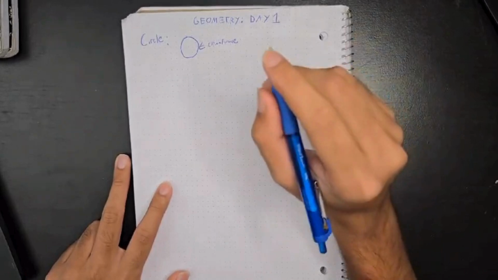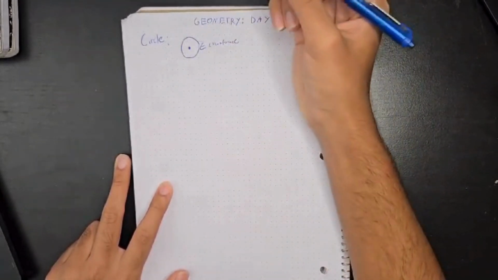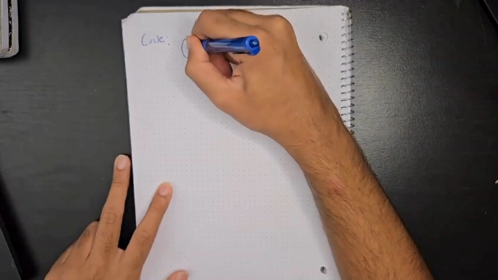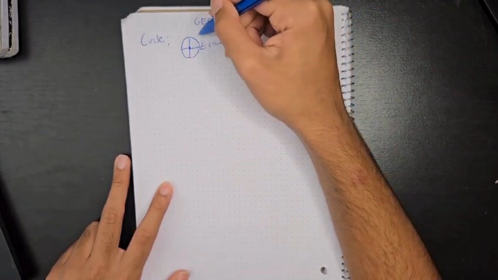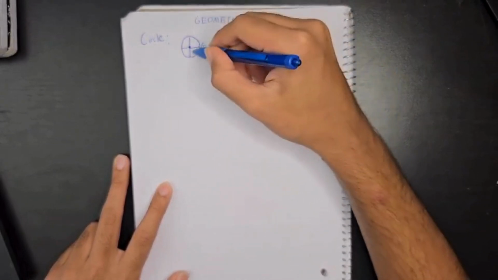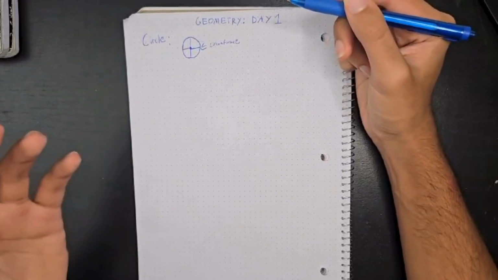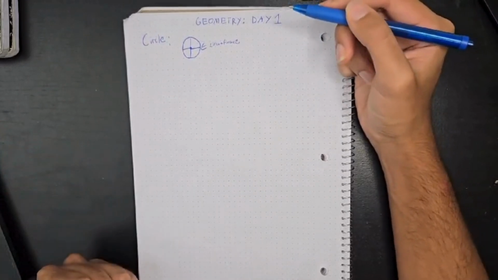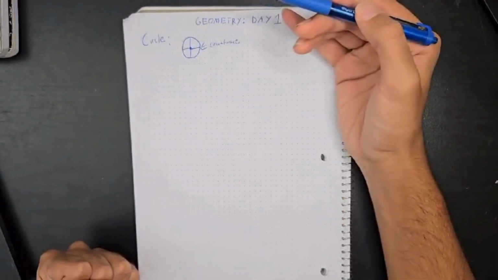And then we have a fixed point in the middle, which is equidistant, or has the same distance, to any of the edges. So if you draw a line anywhere, like here to here, they're going to have the same distance. And this point right here is also known as the center of the circle.